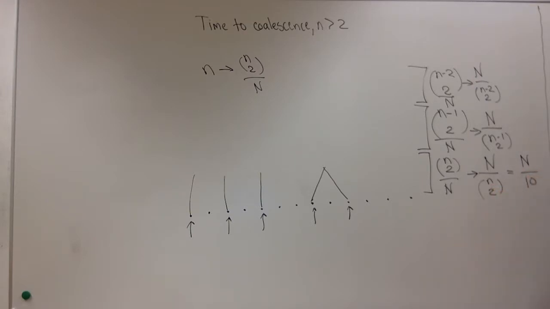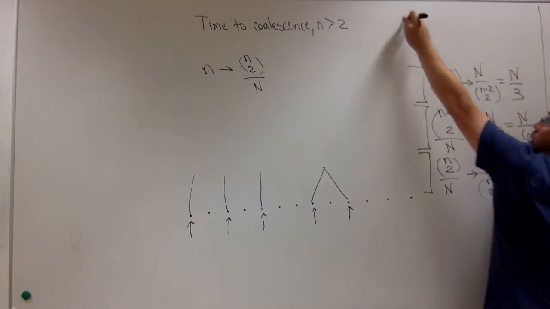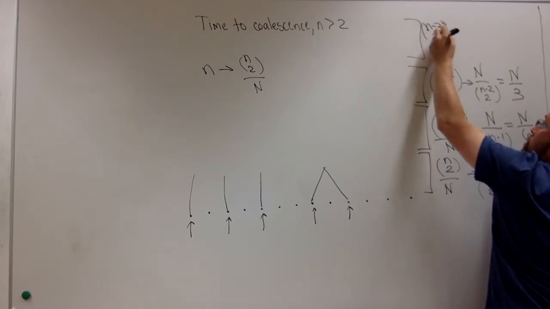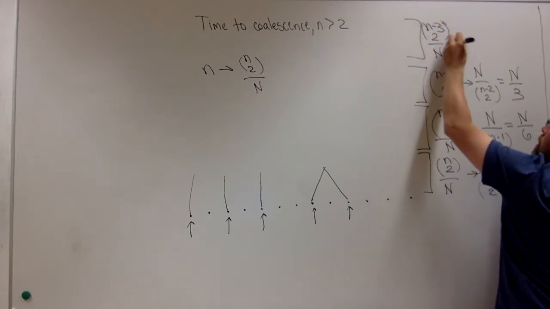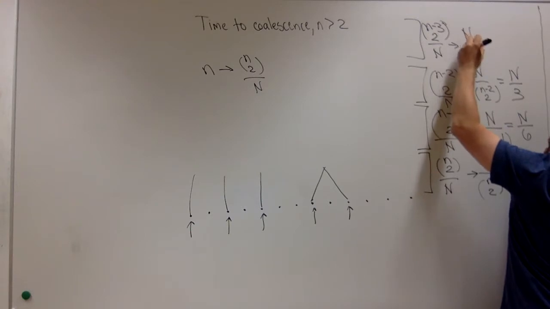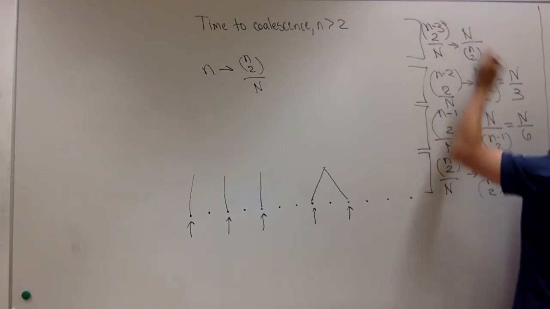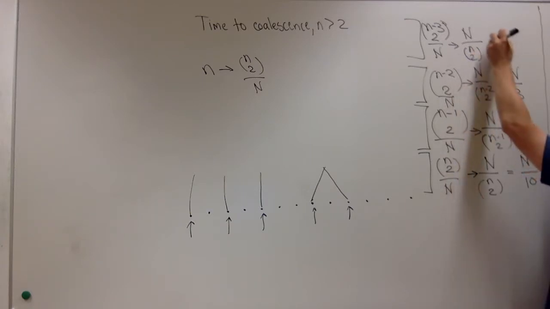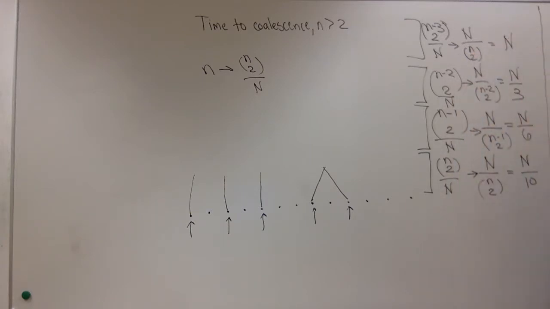We have 10 pairs. Then once we lose one, now it's n divided by 6. And then for the next one, it's n divided by 3. And then finally, for our last one, we have 2 individuals choose 2, and so we get n divided by n choose 2. This is just 1. And so we get n.